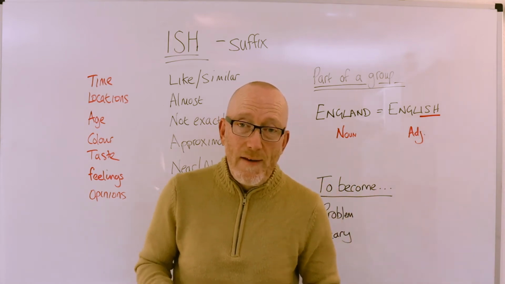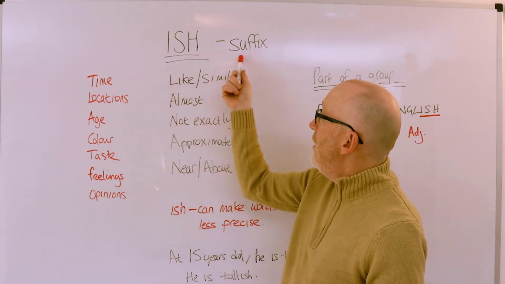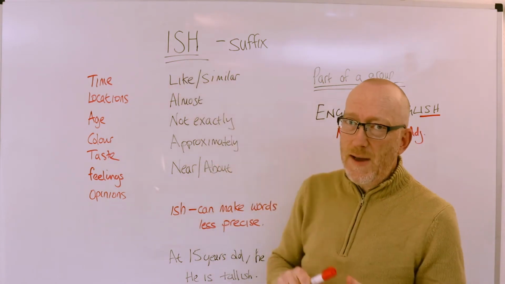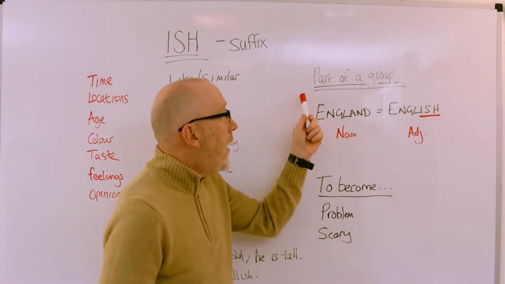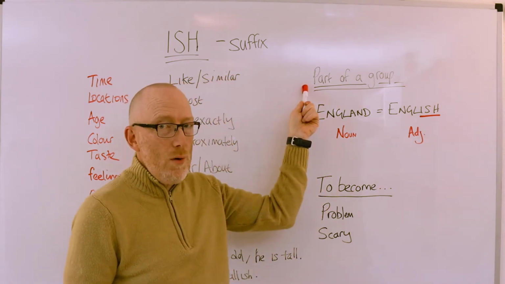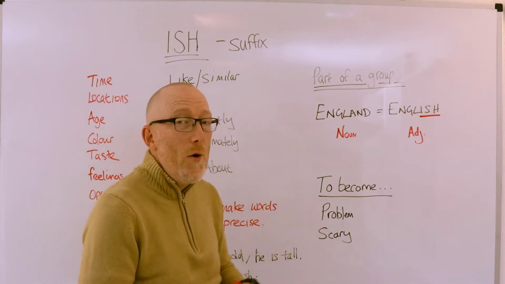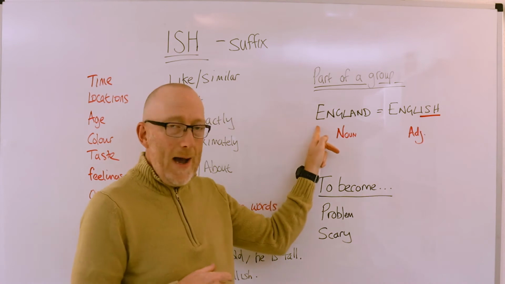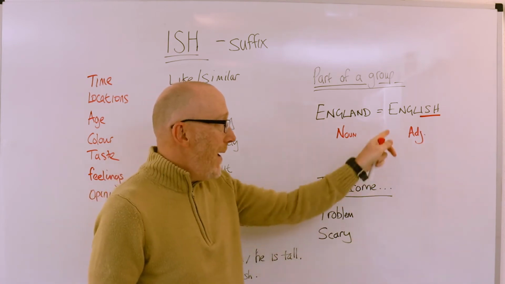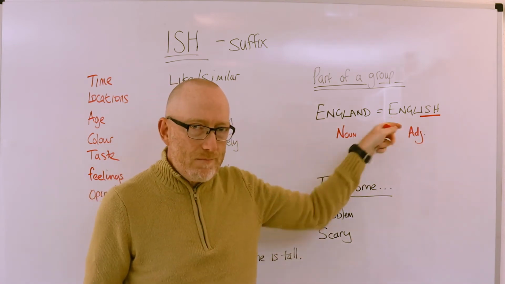So some of you guys may be familiar with ish as a suffix which is used in many different words to describe being part of a group. So for example, I come from England. I am from England. So that makes me English.